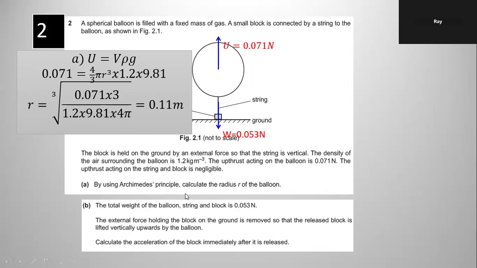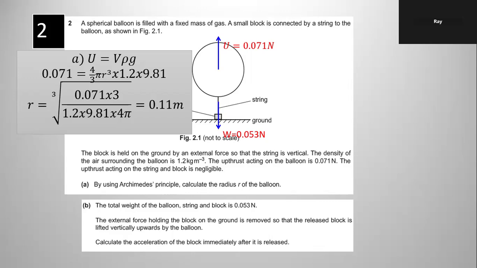How do I go about that? The resultant force is the weight minus the upthrust, right? No, it's not the weight pulling it down. Now when you cut it off, the upthrust is greater than the weight. That's why it's going to accelerate upwards.